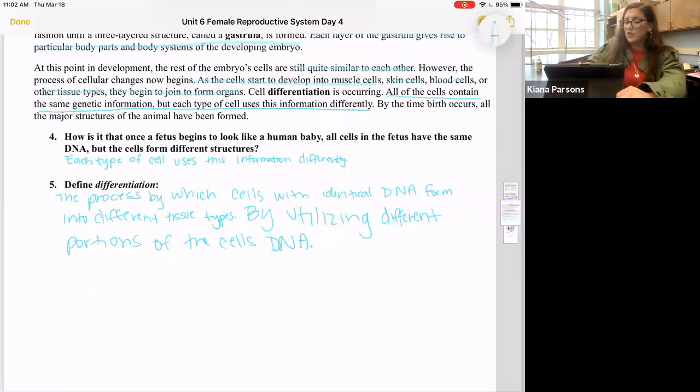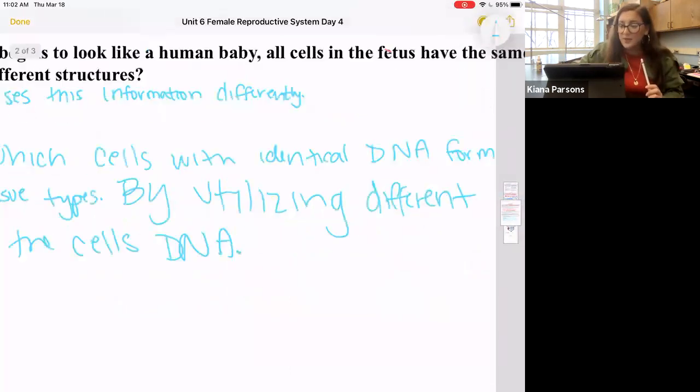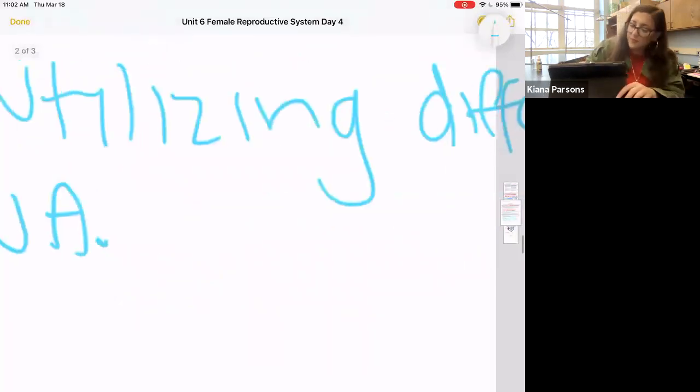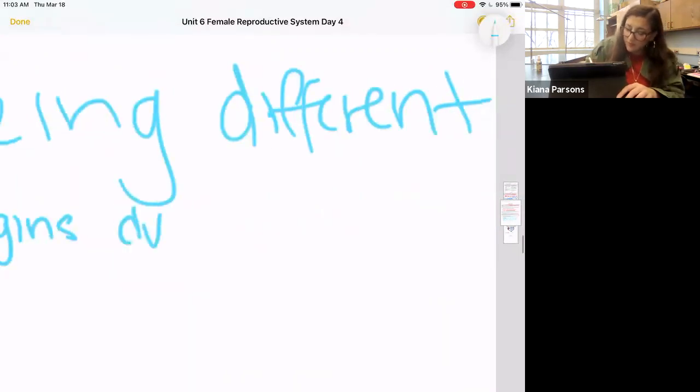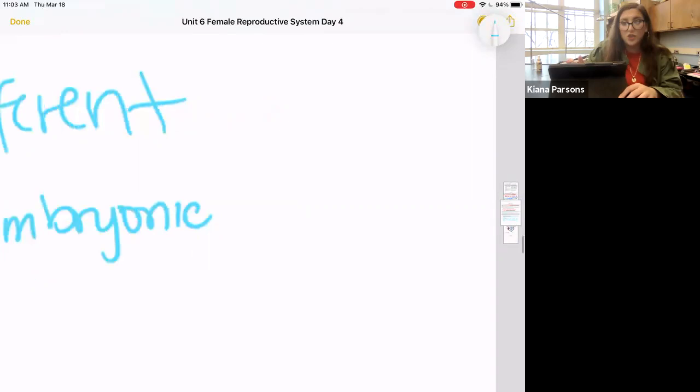And this occurs during fetal development. Let's be more specific. This begins during embryonic development and continues with the chart we looked at yesterday, showing the different structures forming inside of the growing embryo and then fetus.